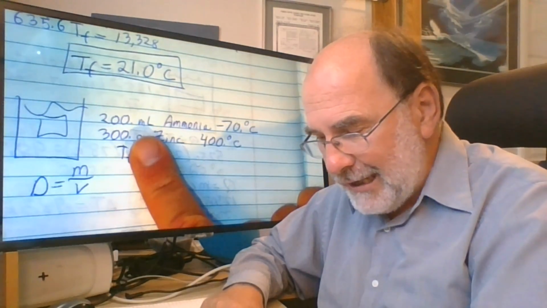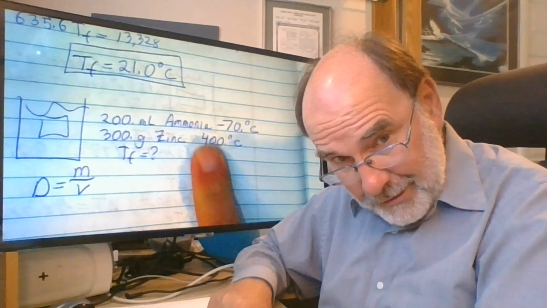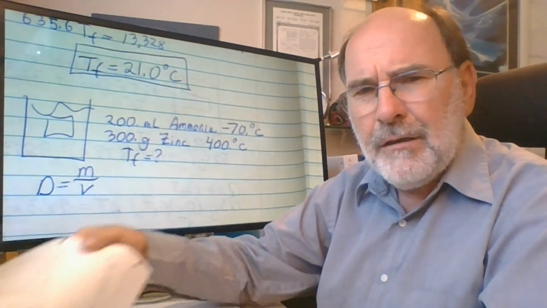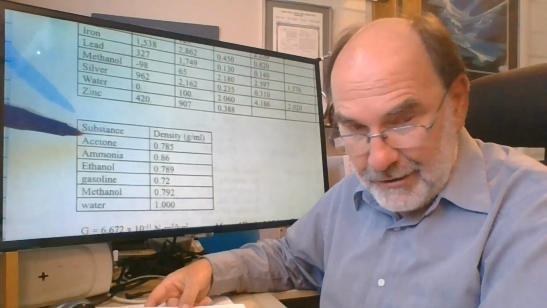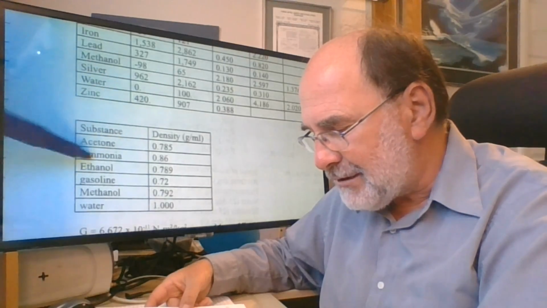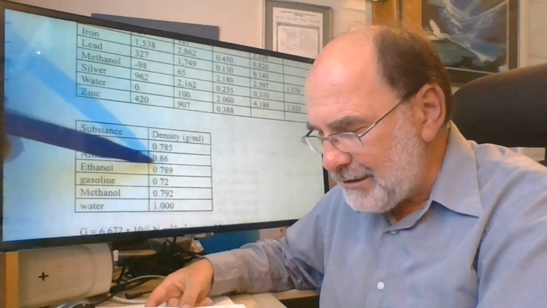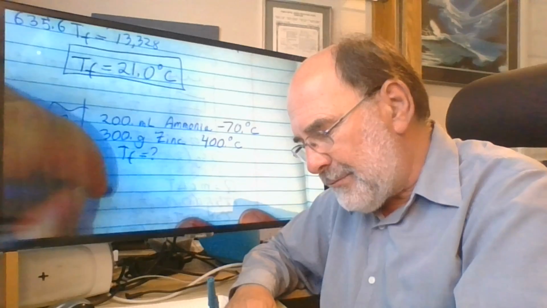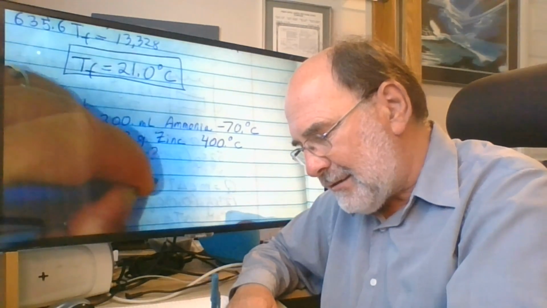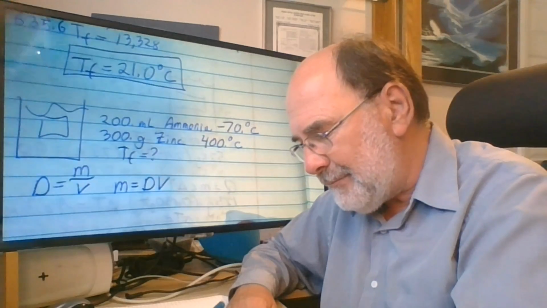So if I tell you that I have a volume of 200 milliliters of ammonia, you should be asking yourself, what's the density of ammonia? In which case you go to the table that says, here's the density of different substances. Ammonia is listed as 0.86 grams per milliliter. So the mass is the product of the density times the volume.